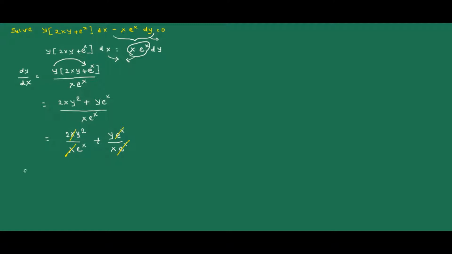So we are left with dy divided by dx is equal to 2 divided by e raised to x into y square plus 1 by x into y.